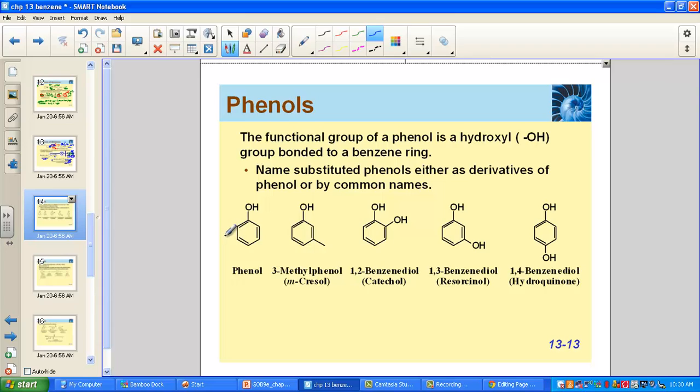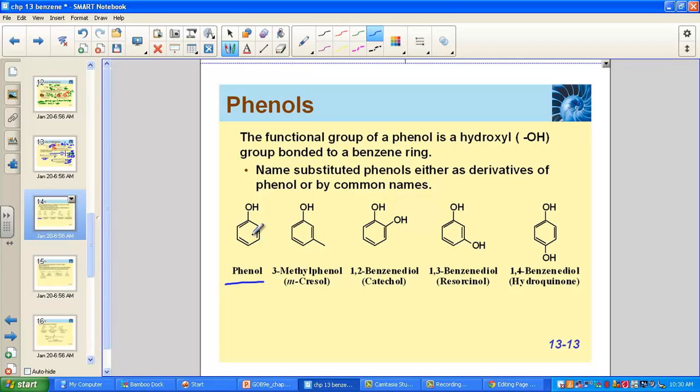Let's now talk about phenols, the structure and nomenclature. The functional group of a phenol is a hydroxyl group bonded to a benzene. We introduced this much earlier in the last lesson and said, you've introduced yourself, now memorize its name, phenol.